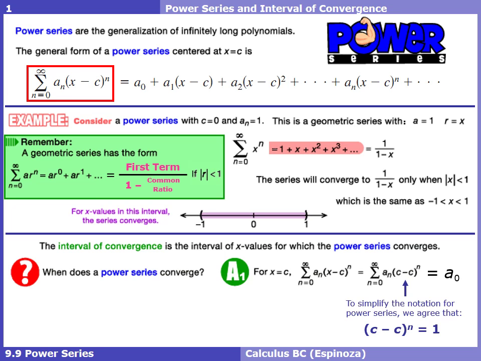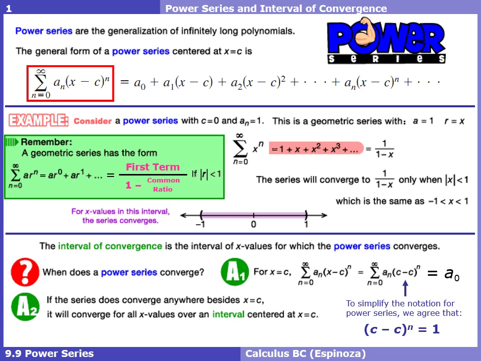So kind of an odd way to look at it, because of course c minus c would be 0, but we're just agreeing that our power series at the very minimum, if x is equal to c, would converge to just be that first term. And if we're starting at 0, then our first term would be a sub 0.